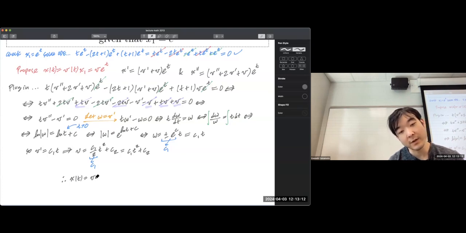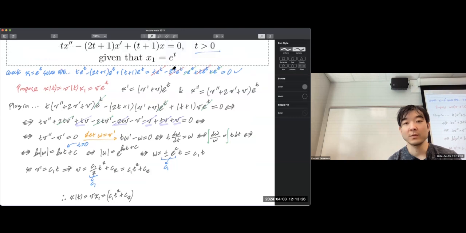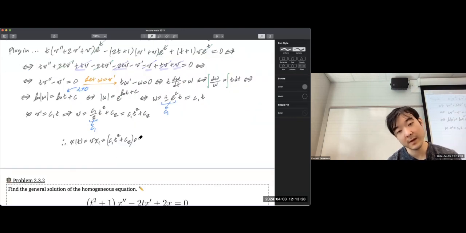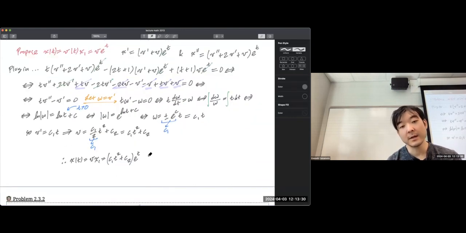multiplied by your first homogeneous solution. So it's going to be this multiplied by x1, which was given as e to the t, so we have that. And you can multiply this out.